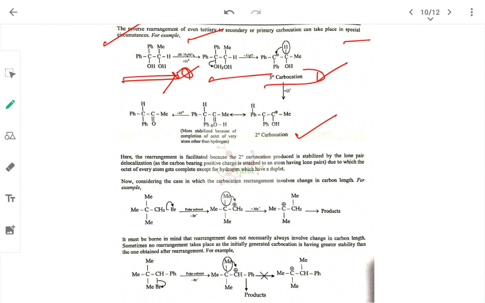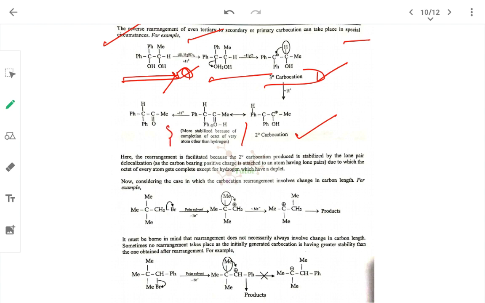Now guys, according to our previous discussion, a 3 degree carbocation is far more stable than 2 degree. So why does this reverse rearrangement occur? It occurs to get more stabilized, because of more stabilization due to completion of the octet of every atom other than hydrogen.